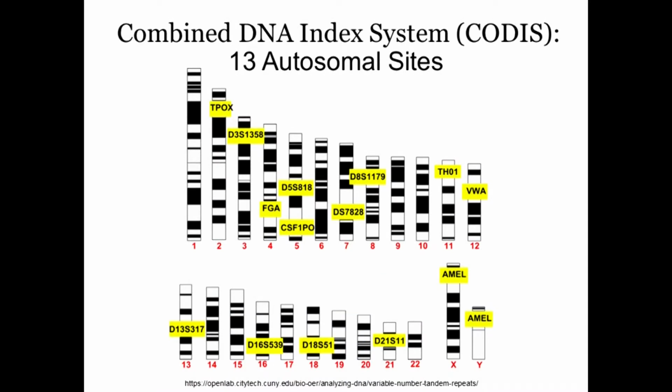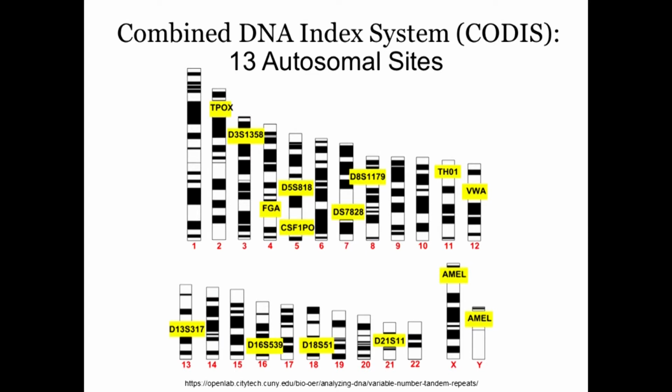And so the Combined DNA Index System, abbreviated CODIS, is a hierarchical database that stores information about these variable sites. And so shown up on this slide is basically a chromosome map of the human genome. We have 22 autosomes, and then we have the X and Y sex chromosomes. So there's a variant called AMEL that is useful for determining the sex of the suspect.